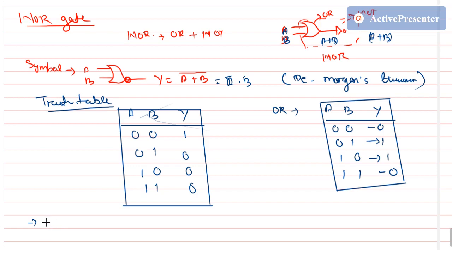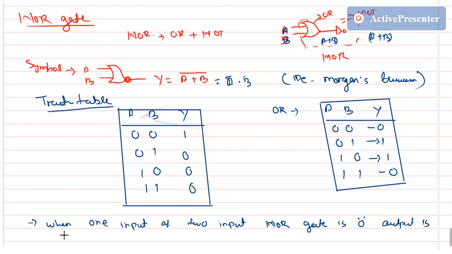When one input of a 2-input NOR gate is 0, the output is the complement of the other input.